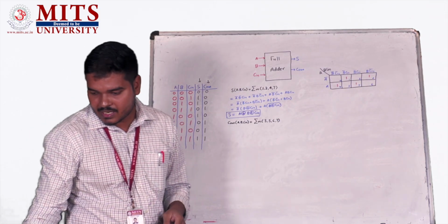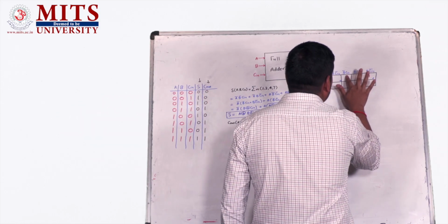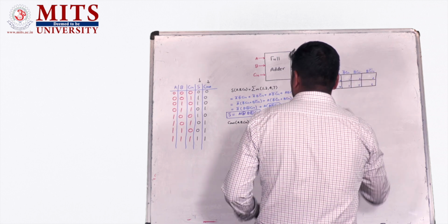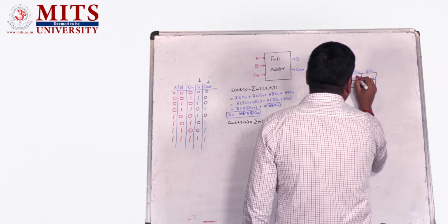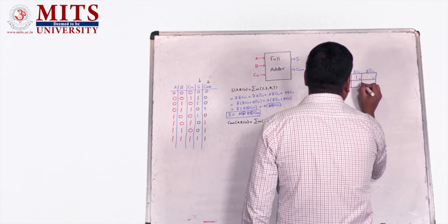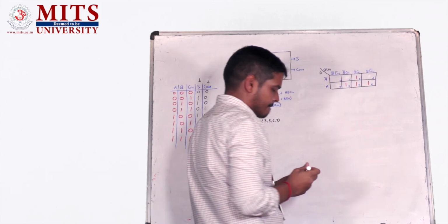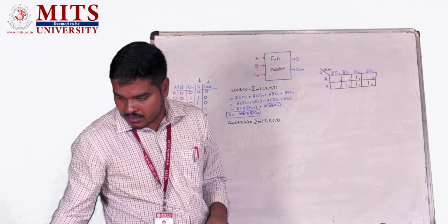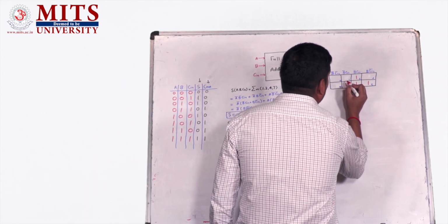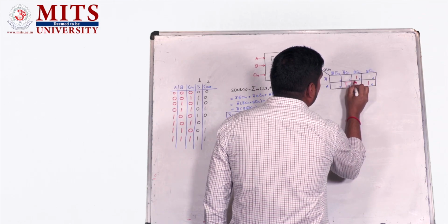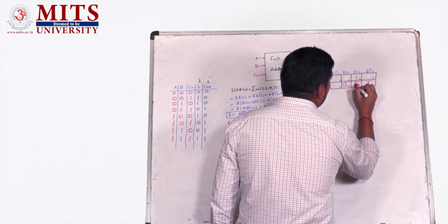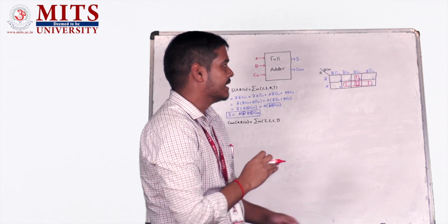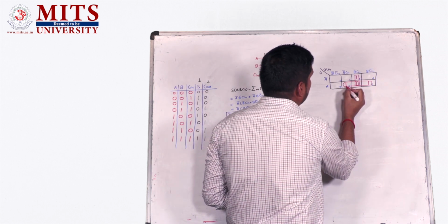So first we will try to minimize using K-map. So let us fill the K-map with 3, 5, 6, 7. And now in this we can make several groups of minterms. So this will be one group of 2, this will be one group of 2, and this will be another group of 2. So with these 3 groups in the K-map, all the minterms can be covered.